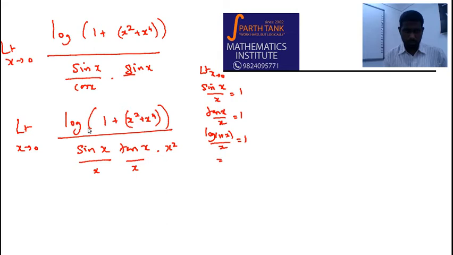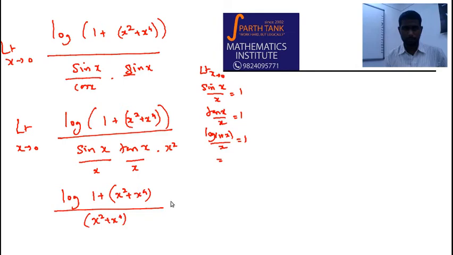So to bring in something like this, I have to multiply the whole thing and divide the whole thing by this x squared plus x power 4. And then here I have these other terms, sin x by x, tan x by x into x squared.